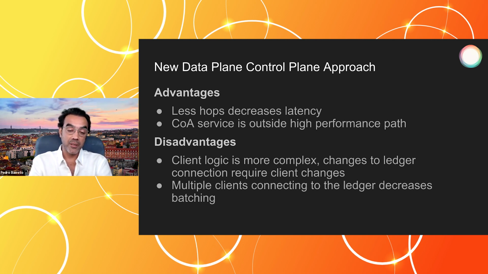This will obviously parallelize connections, but it has the adverse effect of reducing the batching, because now we have more services talking to the ledger, sending smaller batch sizes. And that's not the most efficient way of working for TigerBeetle. So there's a trade-off here. We have those two implemented. We have been testing this one, and we will keep on testing to get the best possible performance from TigerBeetle.